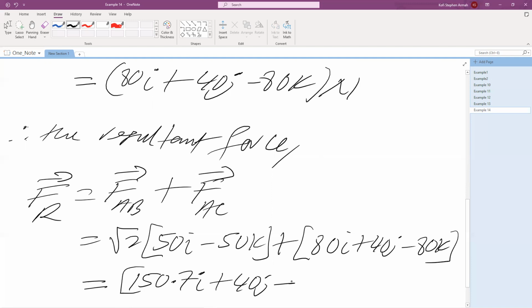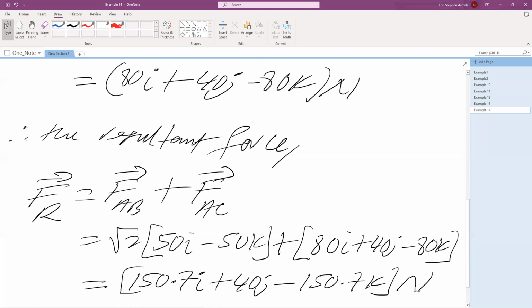Then minus, okay, then minus 50 root 2, which is negative, and then negative 80. This will give us about the same number like this, but negative 150.7K. And the answer is in newtons. And that is the resultant.